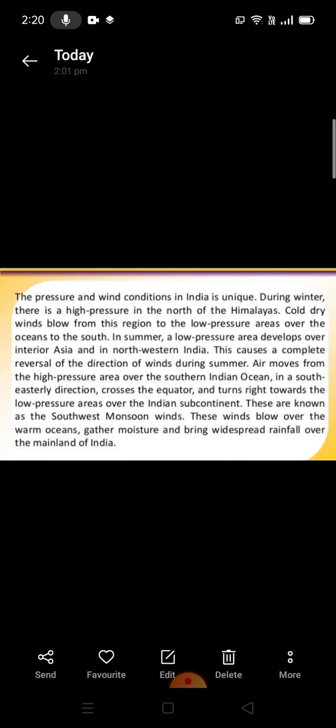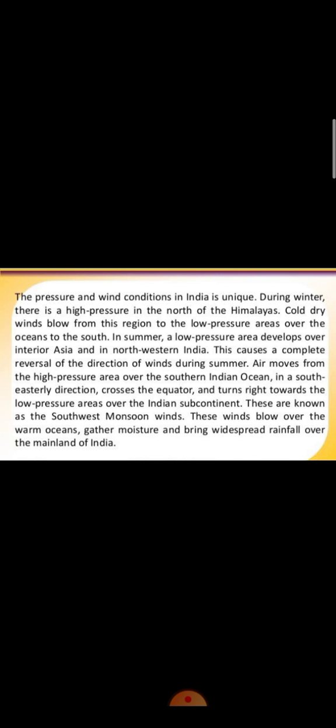And in summer, a low pressure area is developed in the northern plain, whereas in the south we have the high pressure area. This causes a complete reversal of direction of winds during the summer. Air moves from the high pressure area over the southern Indian Ocean in a southeasterly direction, crosses the equator and turns right toward the low pressure area over the Indian subcontinent.